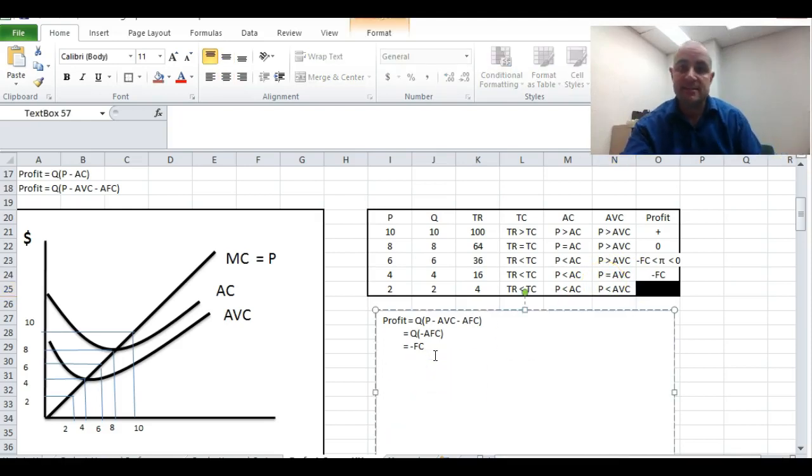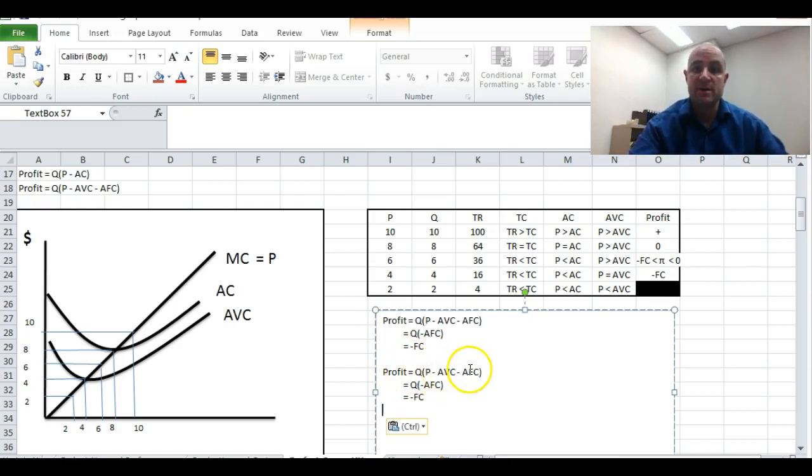So when we look at that, going back here, profit equals quantity times price minus average variable cost minus average fixed cost. So what we have then, if average variable cost is greater than price, that's going to be some negative number.